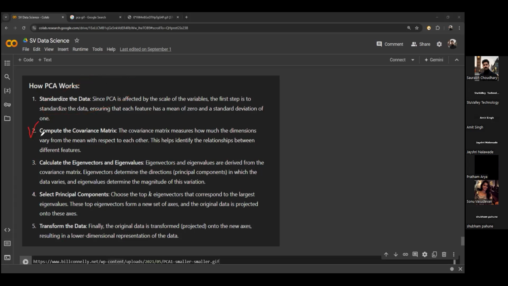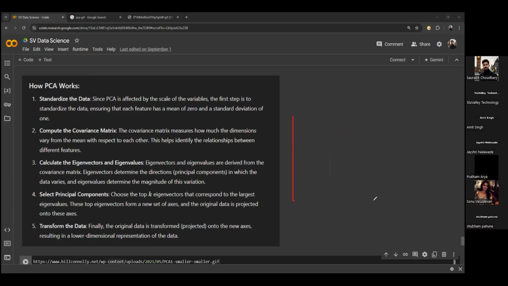Second is compute the covariance matrix. The covariance matrix measures how much dimensions vary from the mean with respect to each other. This helps identify the relationship between different features.